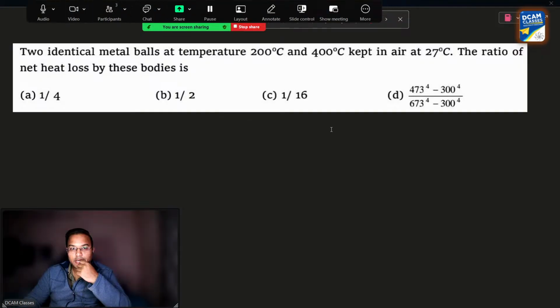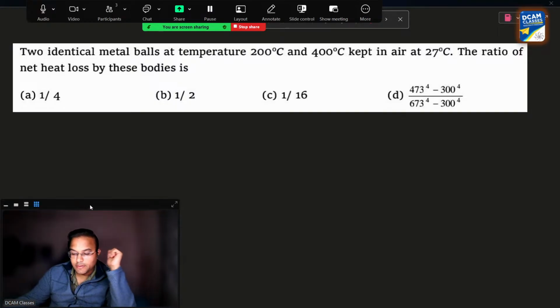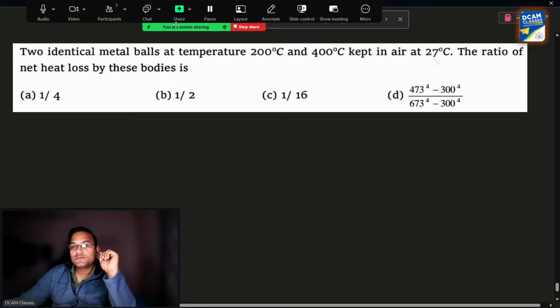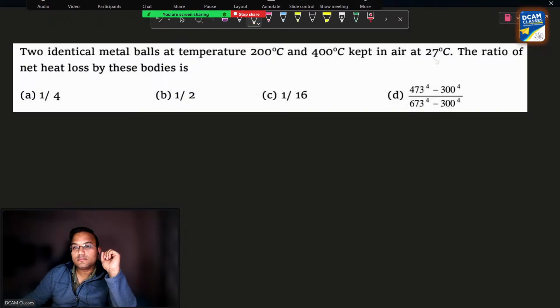Option 4 you are getting. Yes, you have to convert it into Kelvin, right? Kelvin, you have to convert. I'm getting 173 by 373 whole to the power. Acha, the air temperature they have given, it is 27. So the air temperature, what about you?